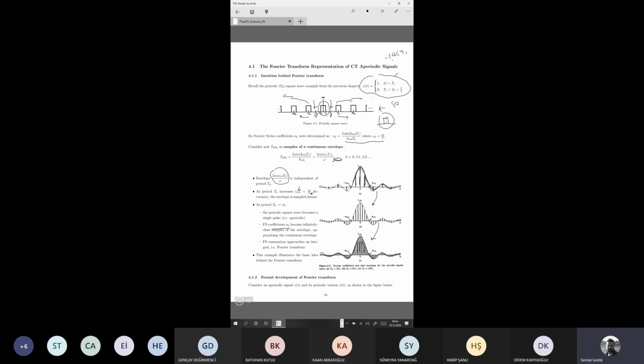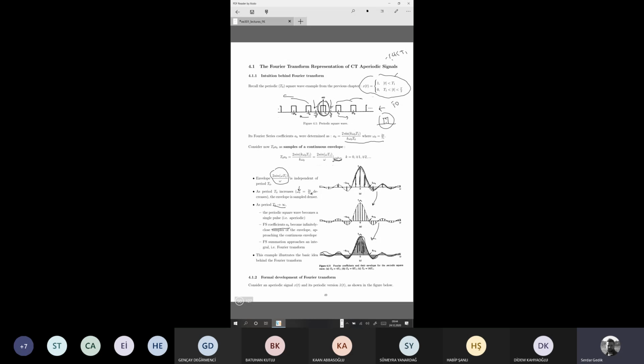As t0 goes to infinity, the periodic waveform becomes the aperiodic single pulse, and the Fourier series expansion coefficients become a continuous waveform. So this is the motivation behind the Fourier transform.